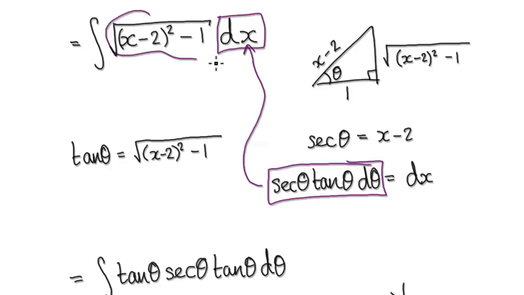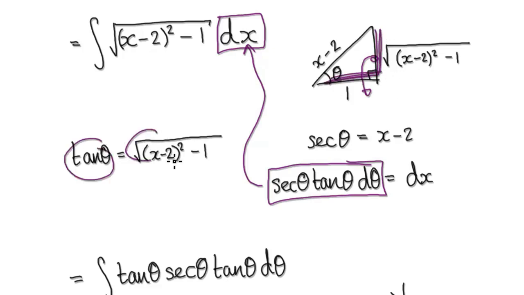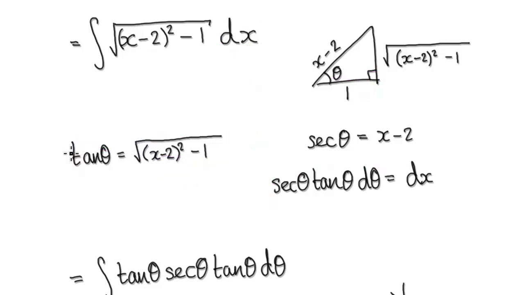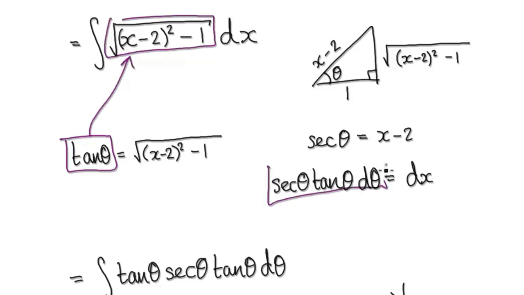So later on we can put this whole thing into the dx. Now this square root complicated thing here, that's exactly the same as this. So if you consider tan theta equals opposite over adjacent, which would then be this. So now we can put this into here. Put this thing here into the dx.